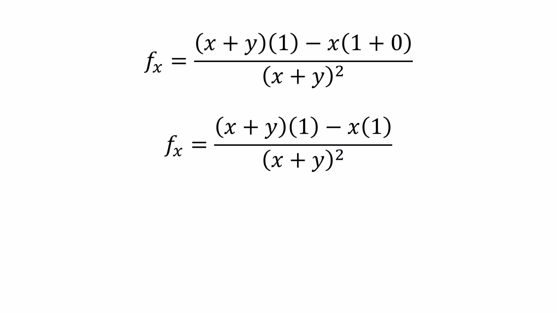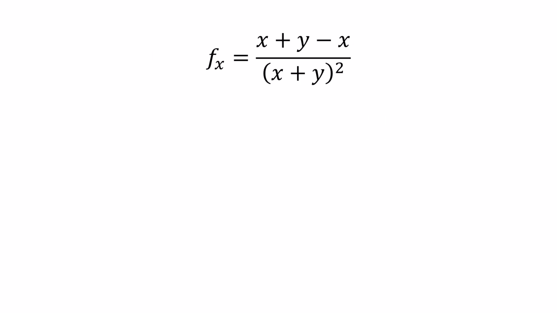Multiplying then gives f sub x equals x plus y minus x all over x plus y squared. Subtracting, we arrive at a final answer of f sub x equals y over x plus y squared.